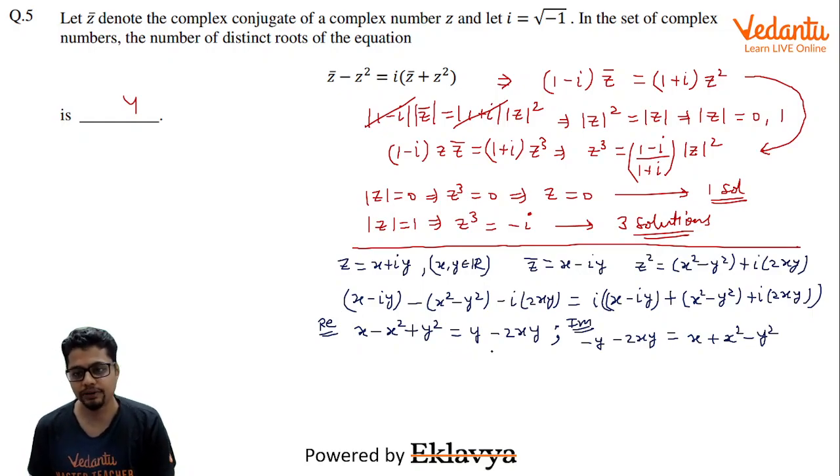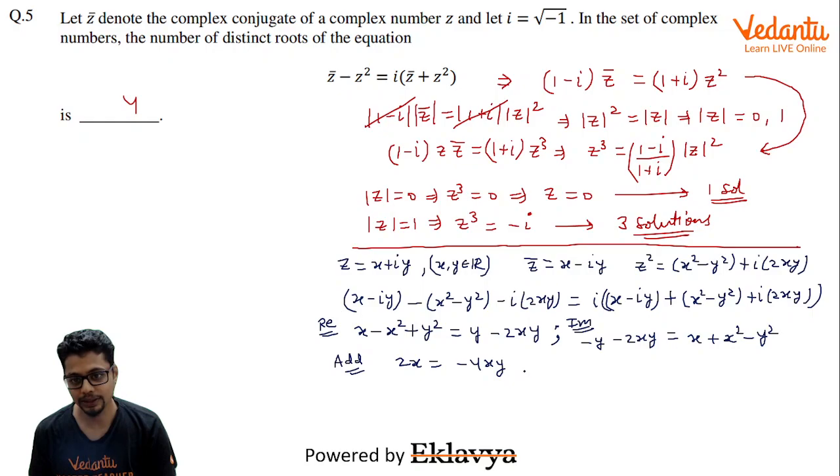If you see carefully, we have x minus x square plus y square in one and x plus x square minus y square in the other. So you can add the two equations. As you add, you get 2x is equal to y minus y cancels out and you get minus 4xy.